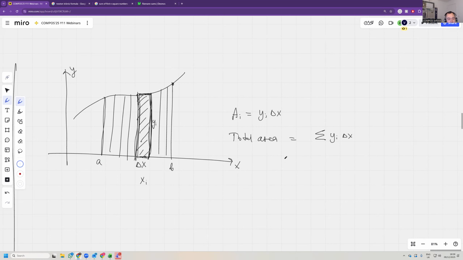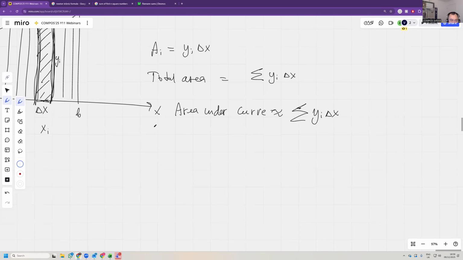The area under the curve is approximately the same as this total area. But as n tends to infinity, we take the limit as n tends to infinity of this expression, the sum of yi delta x. I don't know if you can see it or not.